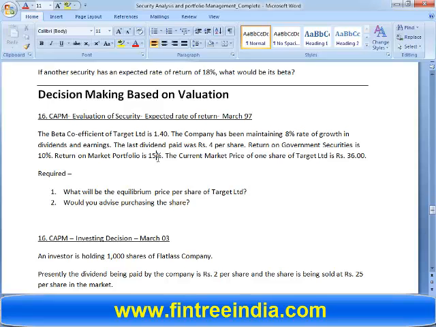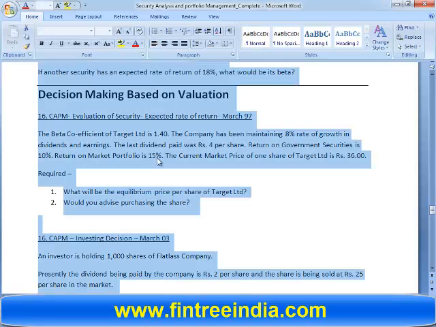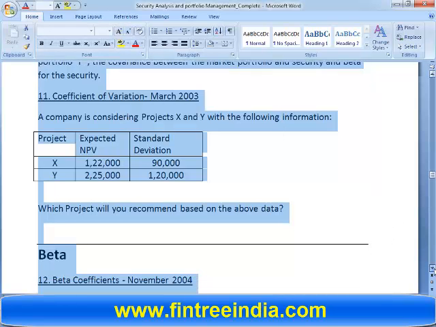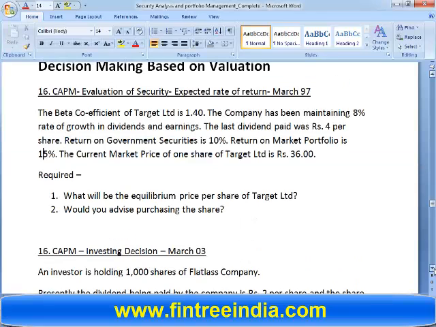Yes, required rate of return is nothing but your KE, cost of equity. We have the beta from which we can calculate required rate of return. We have the growth rate and the last dividend. Quickly calculate and tell me what should be the equilibrium price of share.